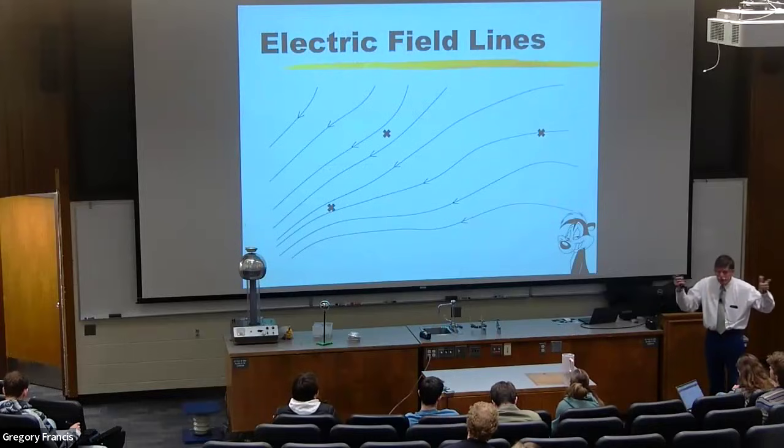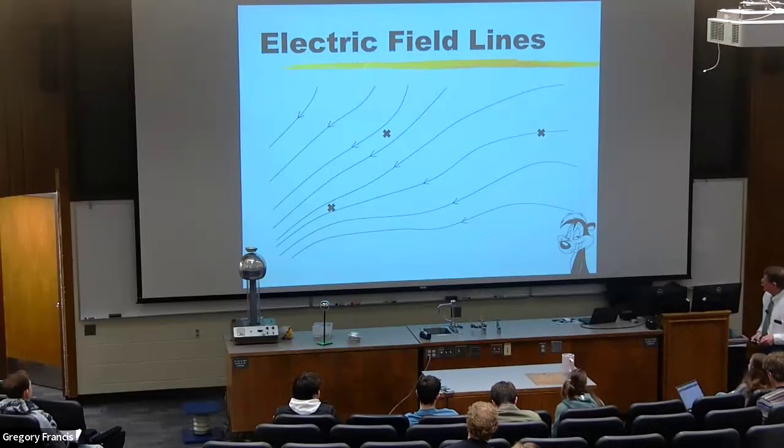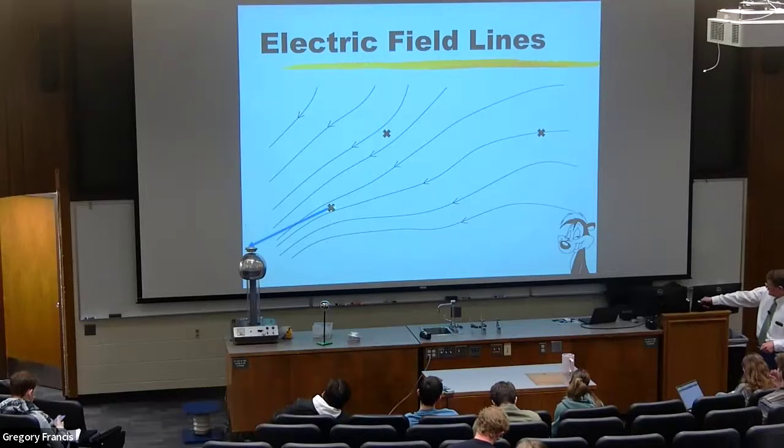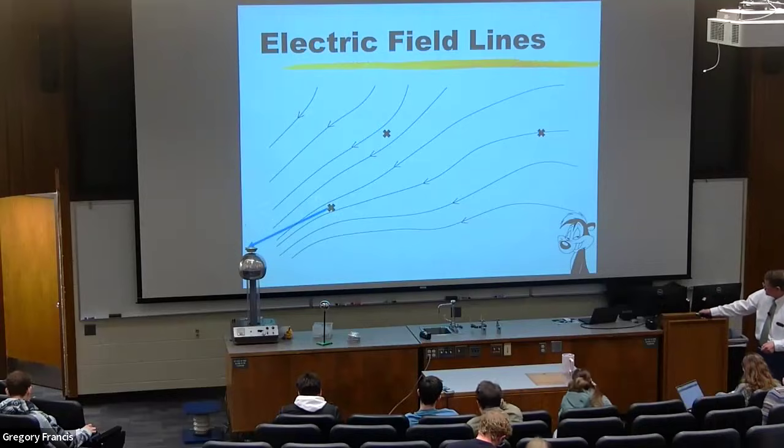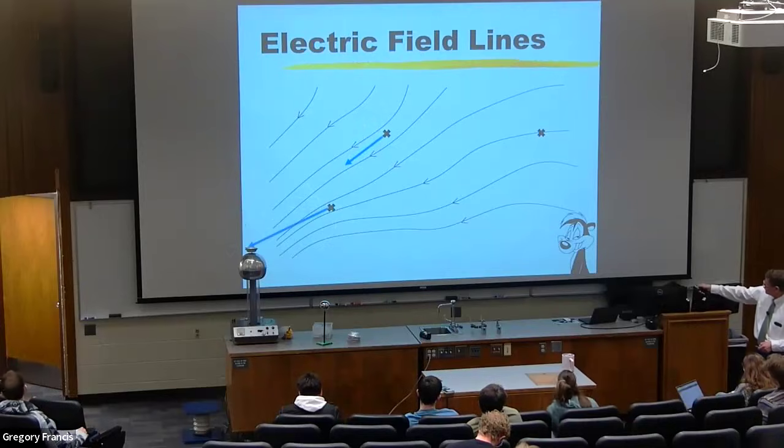Now, just in summary, this is the last slide, and I'll let you go listen to a prophet's voice. At any point, if I've got those field lines, I can just put a vector that is in the general direction of the field lines. And if the field lines are close together, I put a long vector to represent the electric field at that point, at the tail of the vector, at the X. If I do it for this one here, it's shorter because they're further apart.